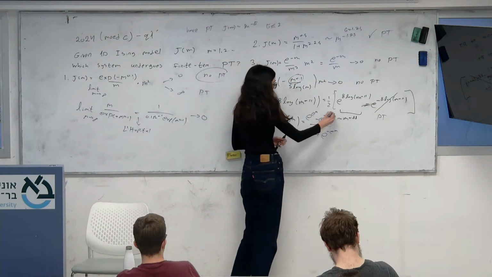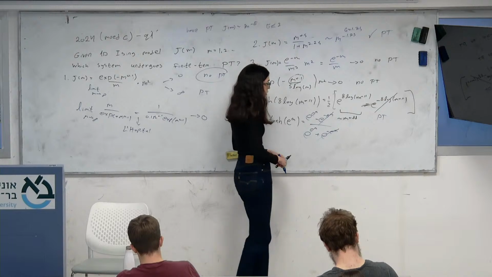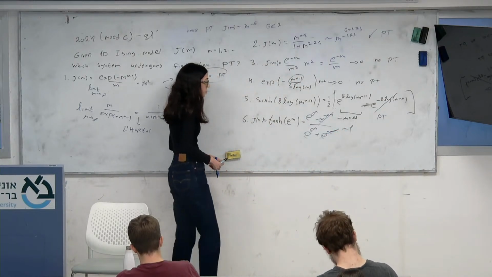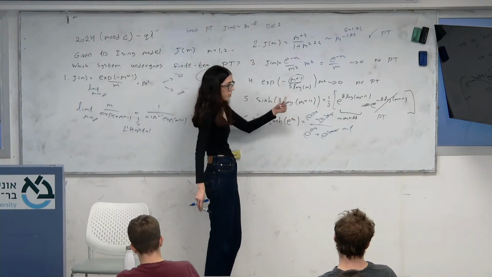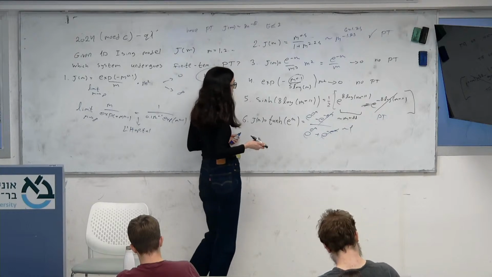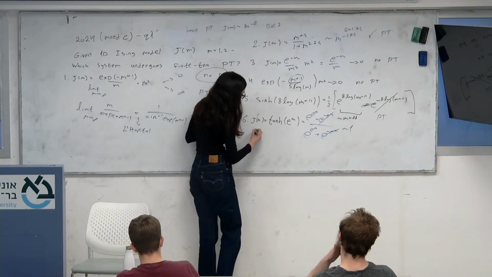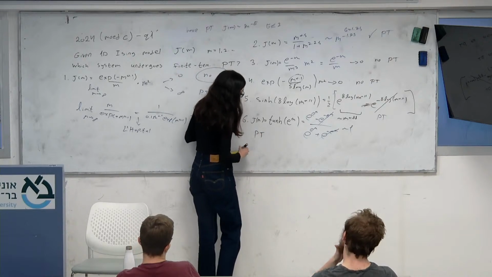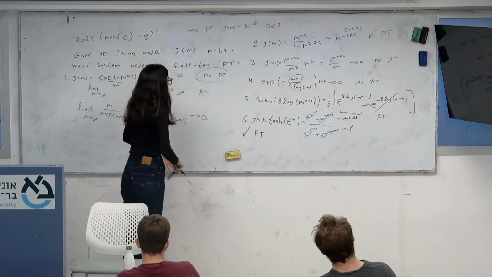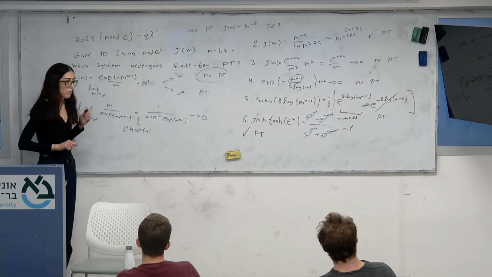So those two decay to 0 so fast, and then we just stay with something that's proportional to 1. So this doesn't decay. This is the same case as number 5 basically. It doesn't explode, but it's just a constant, so you do have a phase transition. Okay, so this is a pretty easy type of question. You just need to be focused.